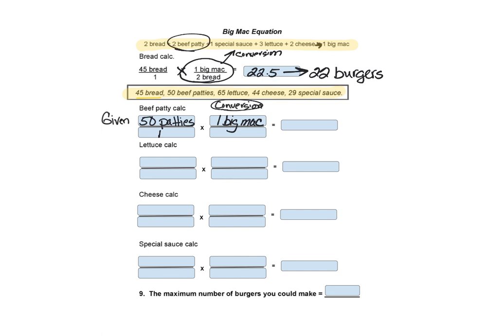So I need 2 beef patties to make 1 Big Mac. Patties will cancel, just the unit, and that'll give us left our Big Macs that I can make. So 50 divided by 2 tells me that I can make 25 Big Macs. You'll do the rest of the problems just like this and then answer the questions based on your data.